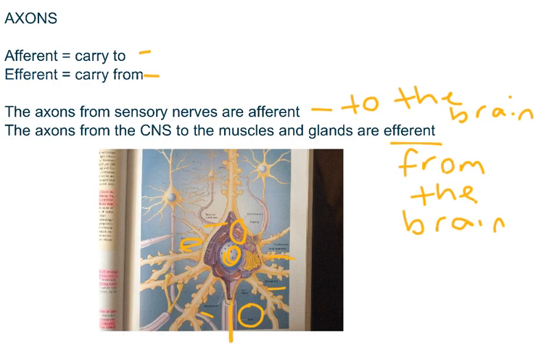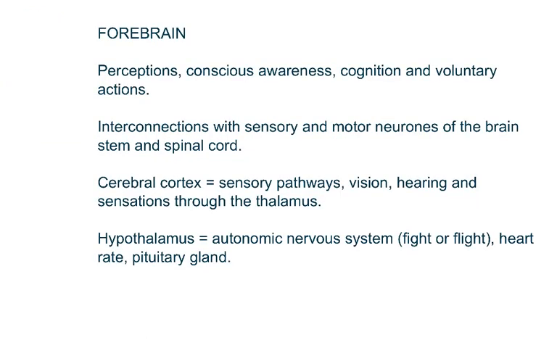You can see here there are several different neurons, and when I say connect, they don't literally connect with each other. They have a gap in between, but there are so many that need to communicate between each other constantly throughout the day.